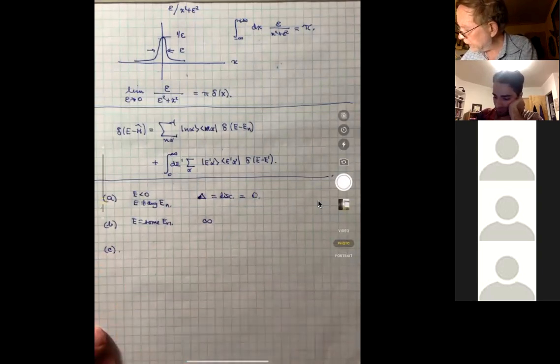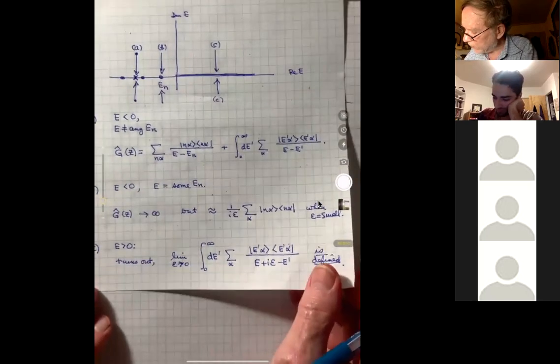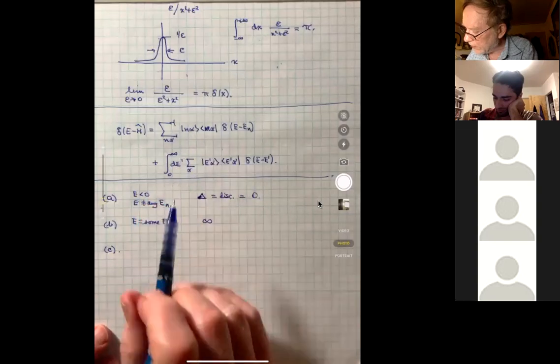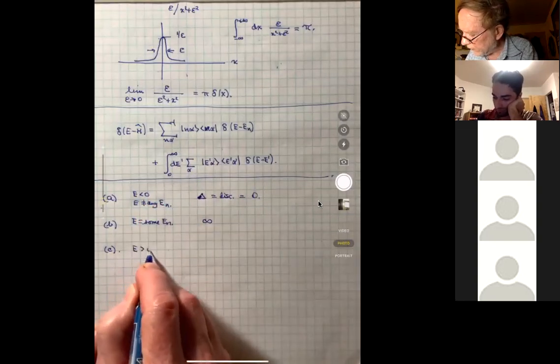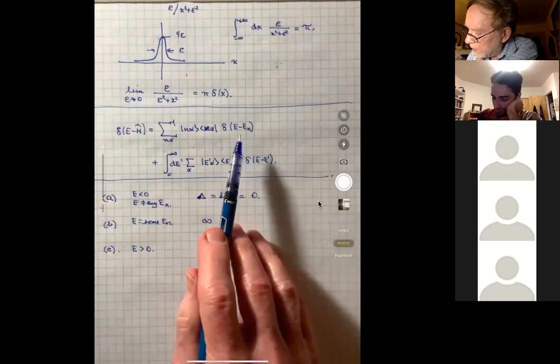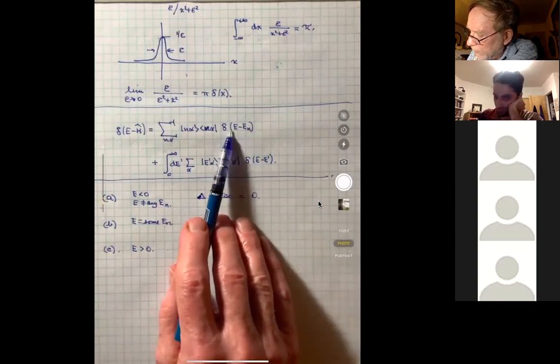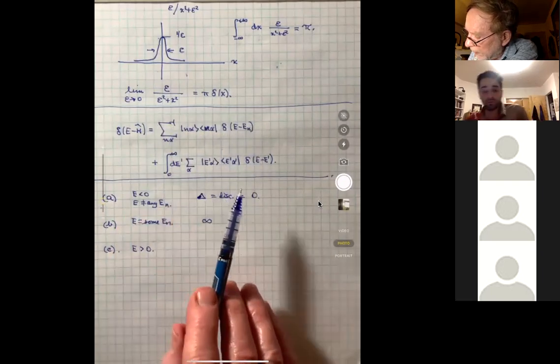Well, in case C, what we need to do is go back to, let's see, where's my formula? I want to look at this formula here. Let's analyze this in case C, where the energy is positive. If the energy is positive, all these delta functions, since the En's are negative, they all just give you 0, so that term goes away.